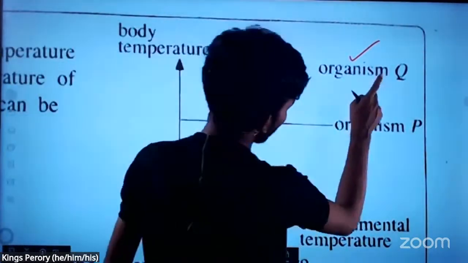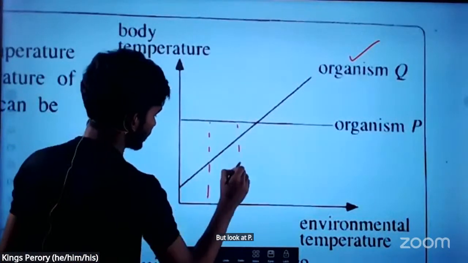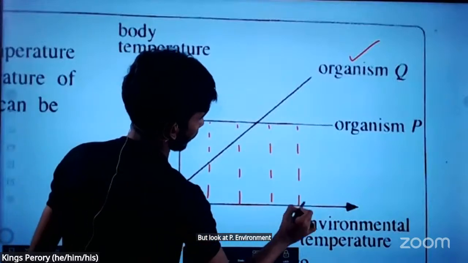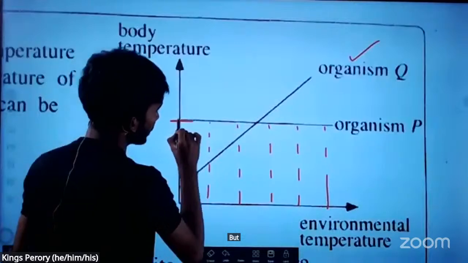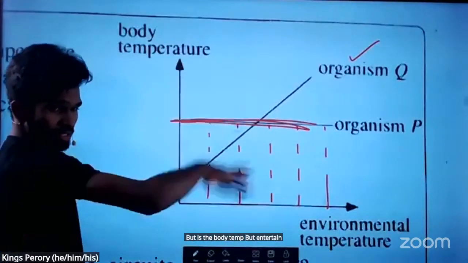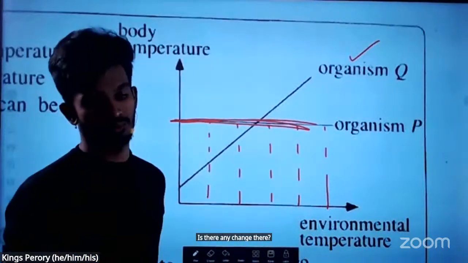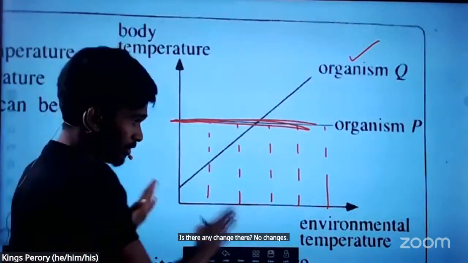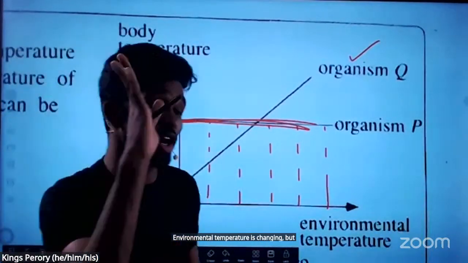But look at P. Environmental temperature is changing for P, but is the body temperature changing? Is it increasing? Is it decreasing? Is there any change there? No changes. Environmental temperature is changing, but body temperature is not changing.